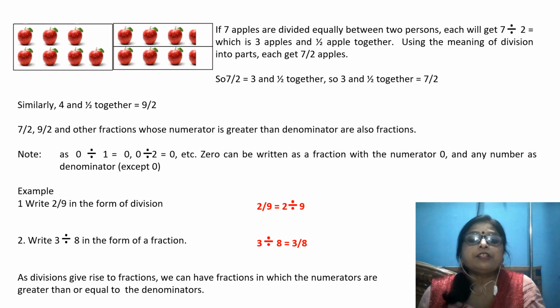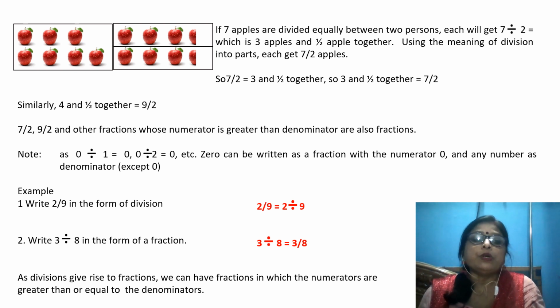So each person will get 3 apples and a half apple together. In the next picture, you can see 3 apples and a half apple given to one person, and the next 3 and a half given to the second person. So 7 by 2 is equal to 3 and a half.